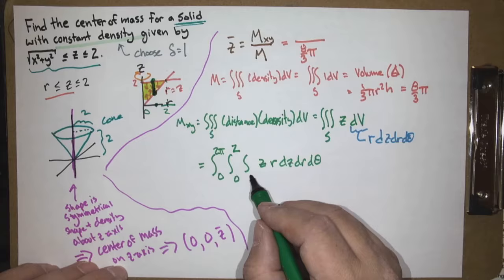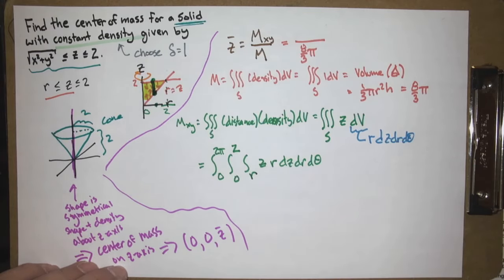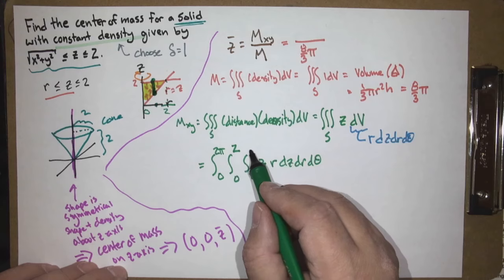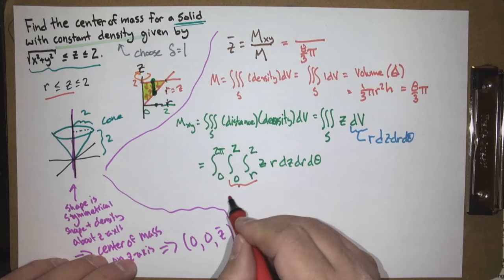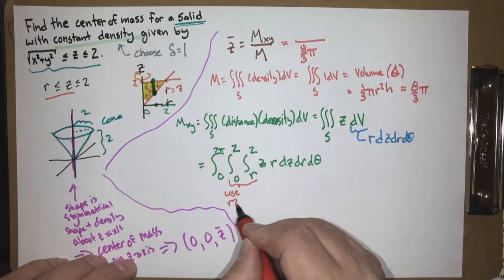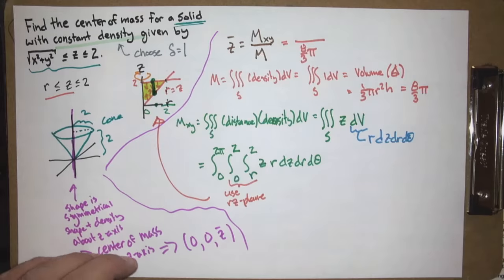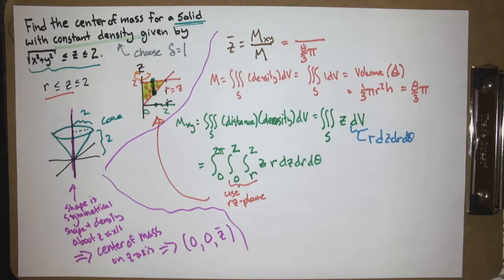R equals Z, or Z equals R, and Z equals 2. So just a reminder, this comes from using the RZ plane.